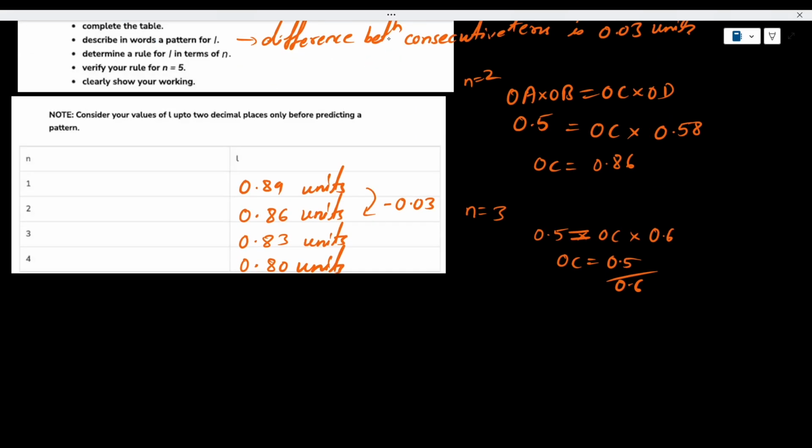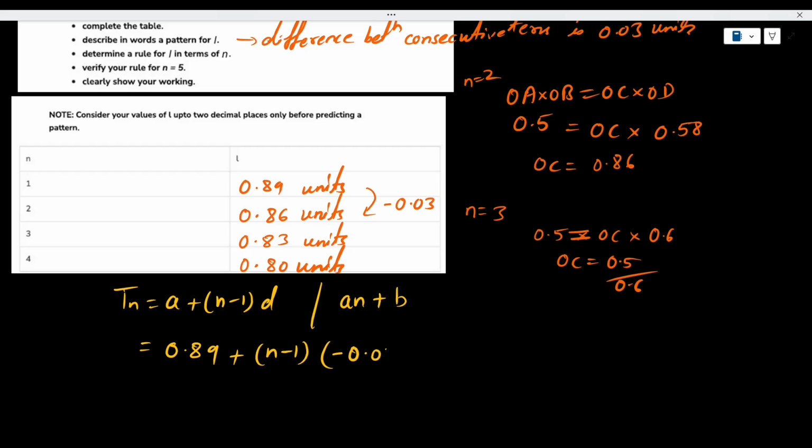If I take it here, again I can use un or tn equals a plus n minus 1 d. This is a rule. Or you can use the an plus b rule. So I'm using this rule. What is the common difference? If you see here, the first term is 0.89 plus n minus 1. Now your d is negative 0.03.